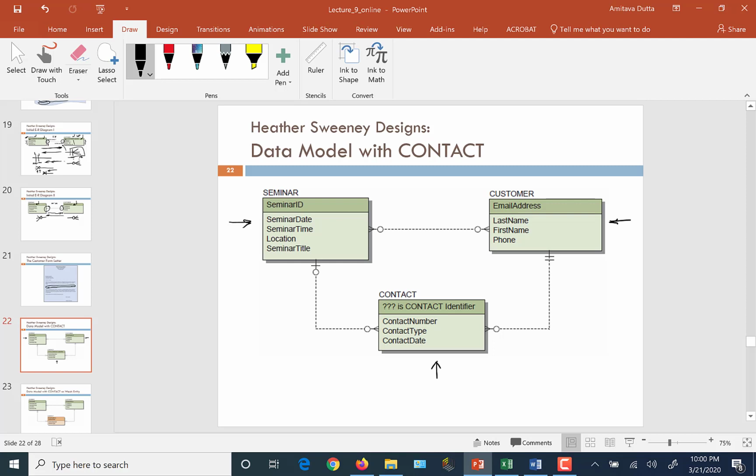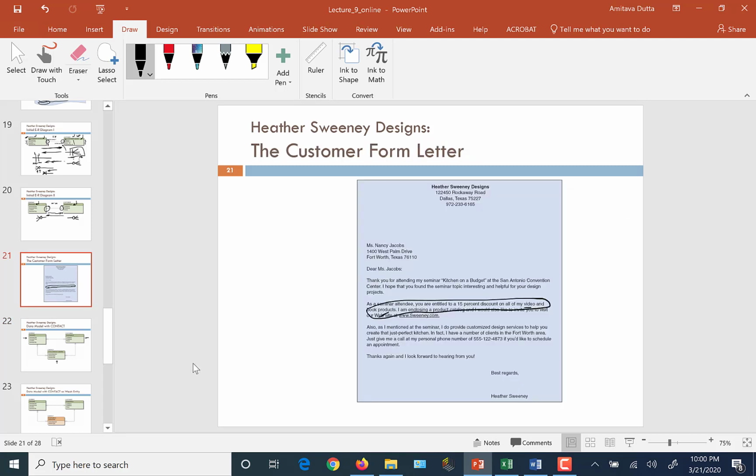Remember the text of the letter: thank you for attending my seminar. So the origin of the contact was the seminar. When the customer reads the letter, they will remember, oh, I went to this seminar called Kitchen on a Budget on such and such date. The customer will remember what that seminar was about, and perhaps proceed to have more business relationships with Heather Sweeney.